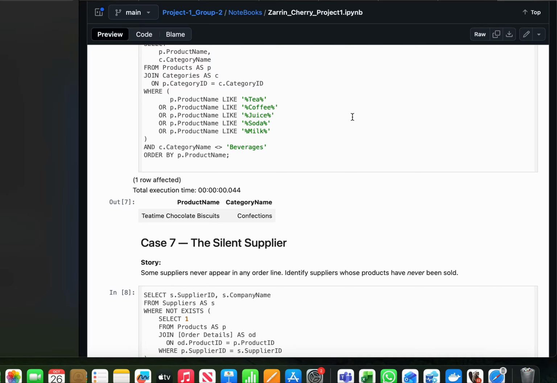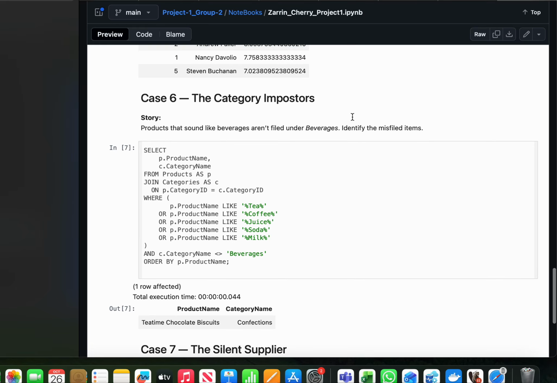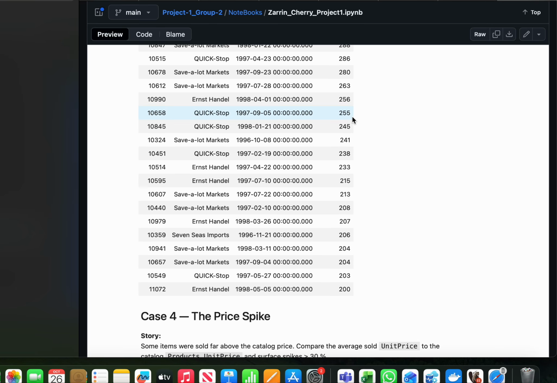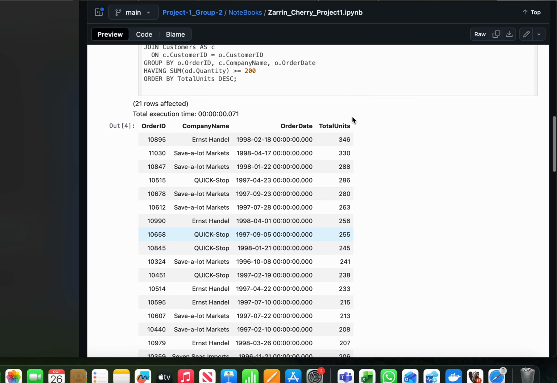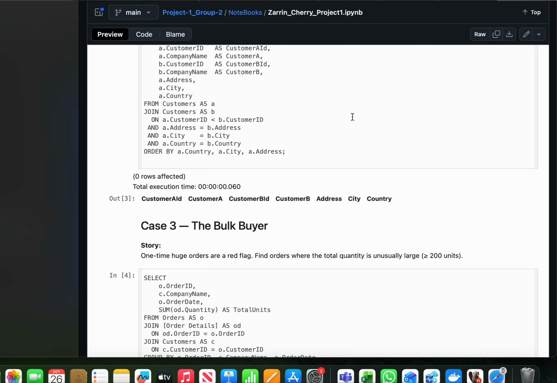For example, comparing dates in case 1, detecting duplicates in case 2, or evaluating averages in case 5. All of those required critical thought and reasoning, not just memorizing commands. This project definitely strengthened my analytical thinking when working with real world data.